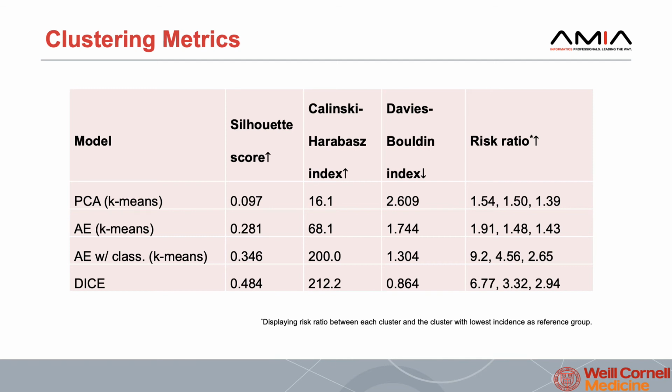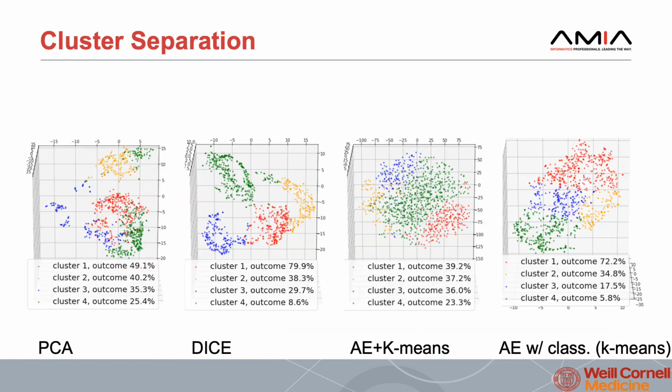I want to point out here that the baseline model where we trained autoencoder with logistic regression and then fed the representation from that to k-means also had a pretty good risk ratio. But combining with cluster purity, I think that DICE did pretty well in terms of clustering metrics.